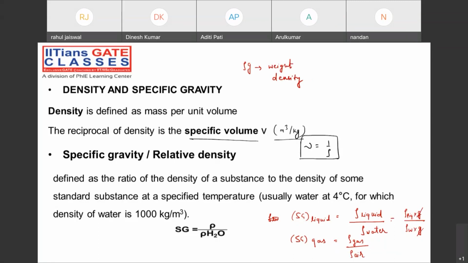So sometimes we say the specific gravity in terms of the weight density of the liquid to the weight density of the standard fluid. So do not confuse why there is weight density when I said only density. The g and g will cancel out, so you will be getting weight density, which is defined by gamma. What is the unit? Newton per meter cube.